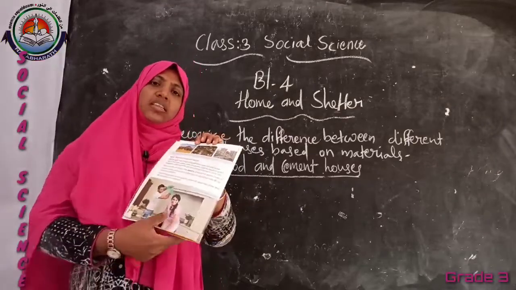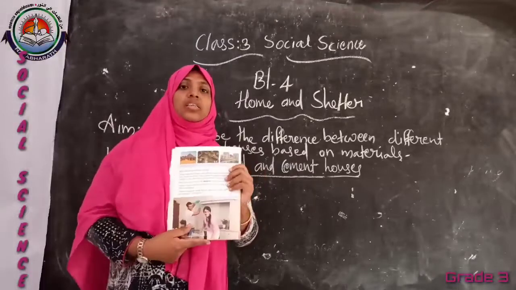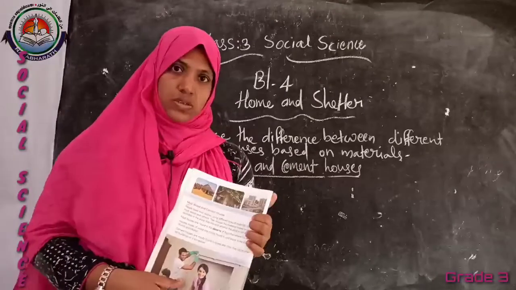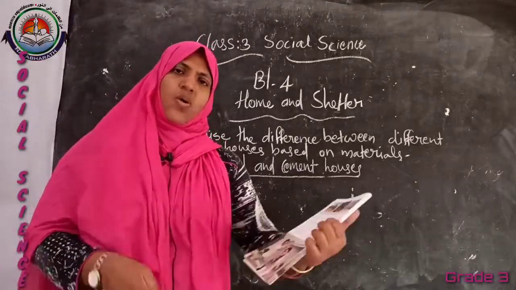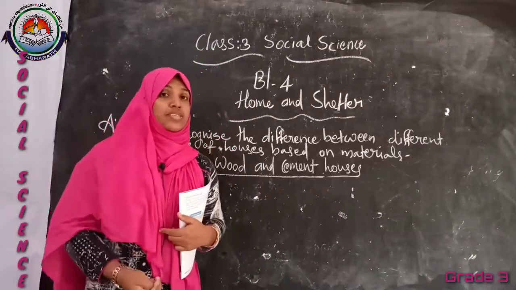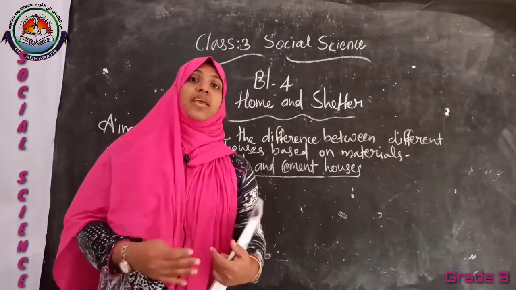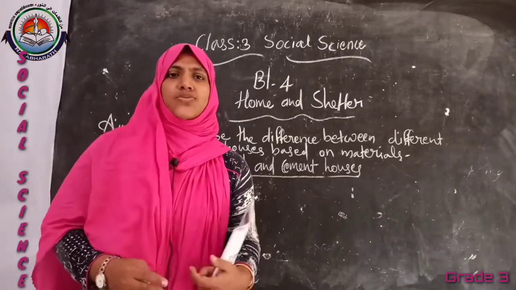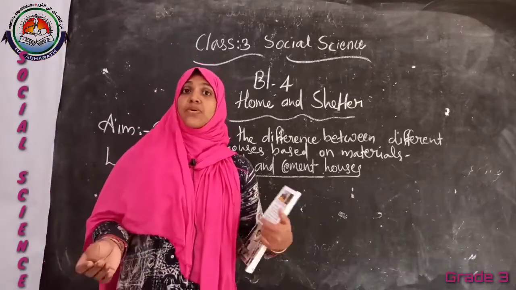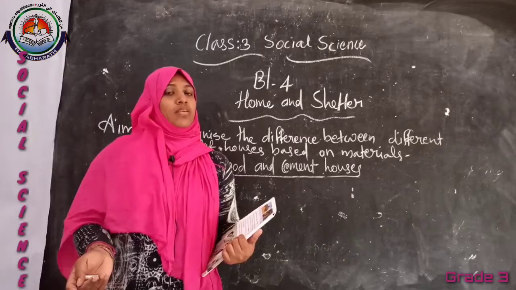What are the differences between these houses? What is your house made of? Do you know what is your house made of? What materials are used to make your house? Yes, we know that our house is made up of bricks, cement, right?